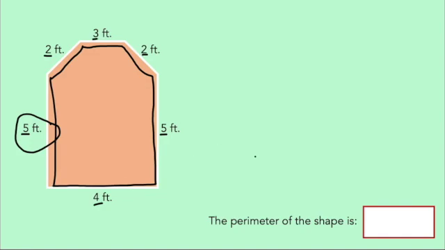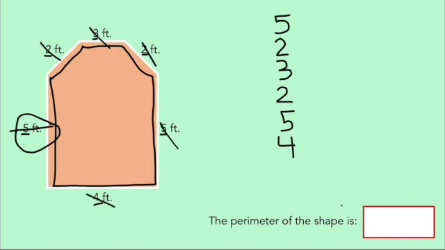So you could do it that way, or you can always get out a piece of paper and just add up all the sides. So let's again start over here with this 5. And when I do this, I like to cross them off as I go, so I make sure that I don't write another number twice. So 5, then we've got 2, then we've got 3, another 2, 5, and the last one is 4.